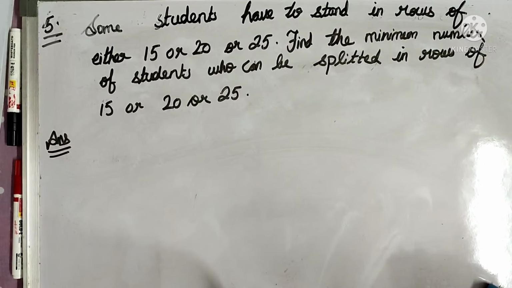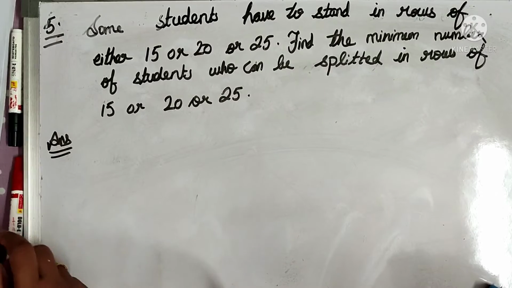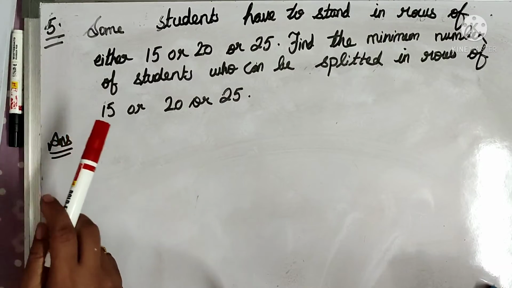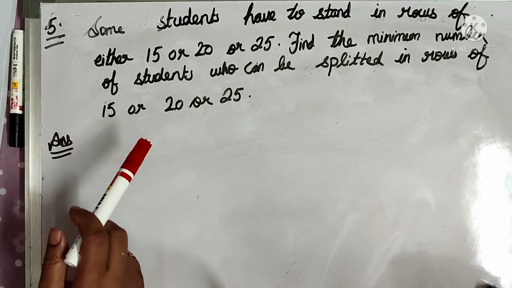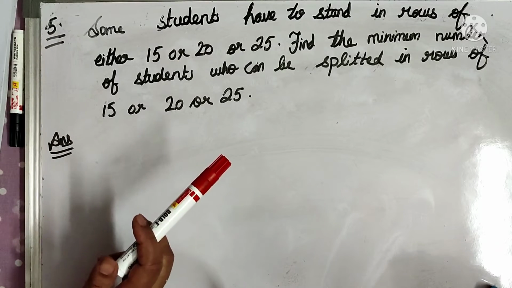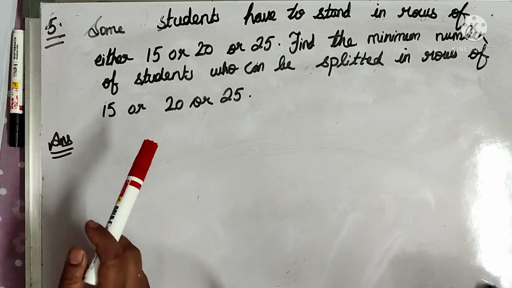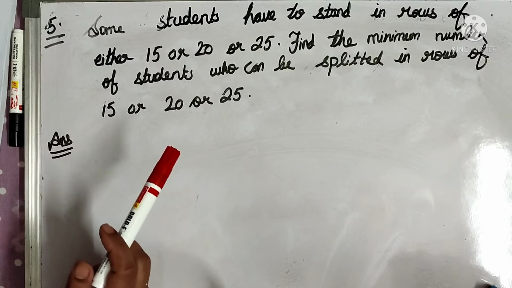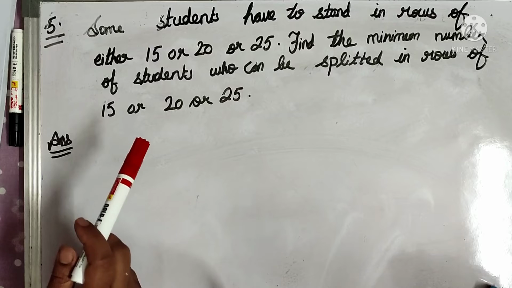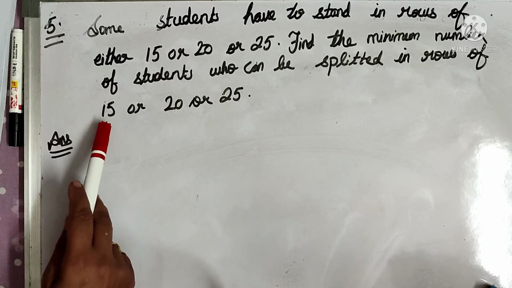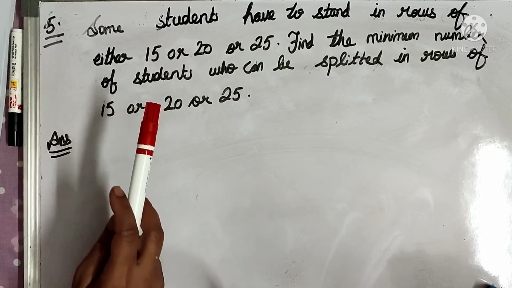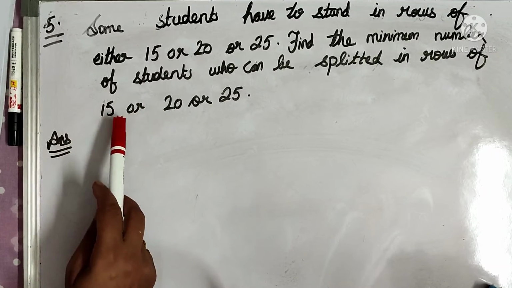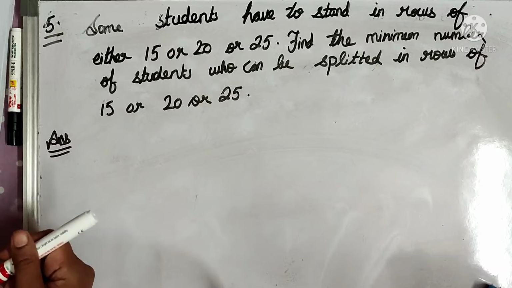Now the next question is, some students have to stand in rows of either 15 or 20 or 25. Find the minimum number of students who can be split in rows of 15 or 20 or 25. Here we have to find the LCM of 15, 20 and 25.